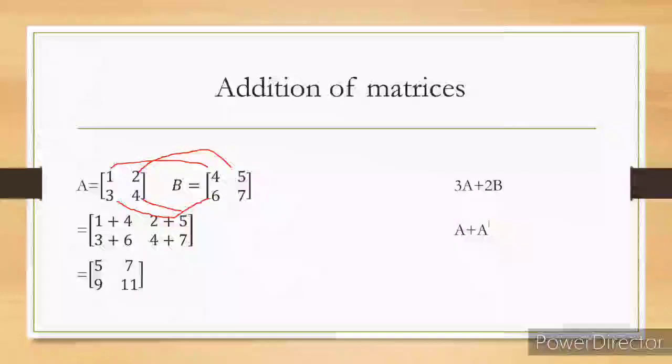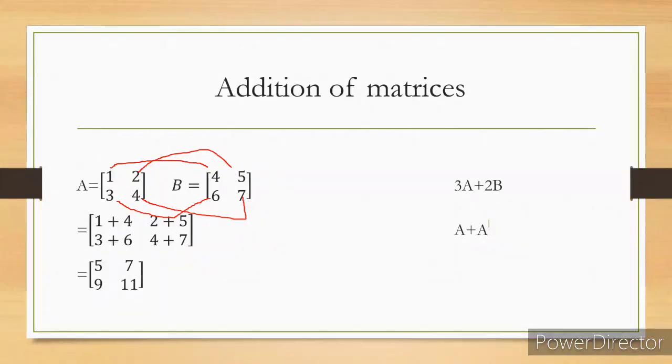So 1 and 4 will be added, 2 and 5 will be added, 3 and 6, and 4 and 7 will be added. Here I have shown 1 plus 4, 2 plus 5, 3 plus 6 and 4 plus 7. So it is a simple addition, and in the next step we get 5, 7, 9, 11. But we have to enclose them in brackets.